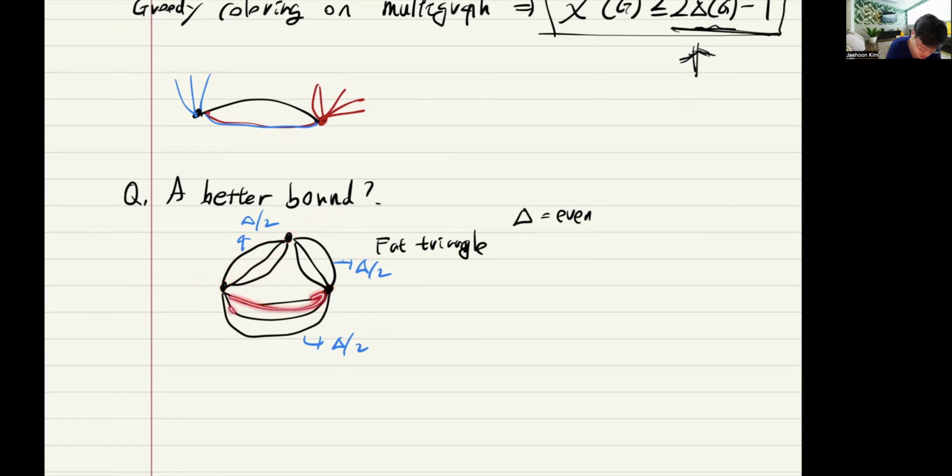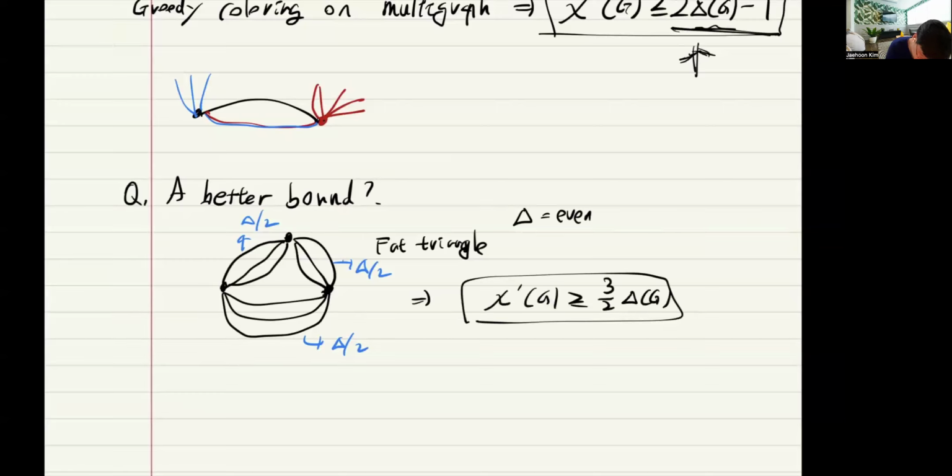Now every edge must have a different color. So this shows that the chromatic index of this graph is at least 3/2 times delta of G. In fact, this is equality, because you give every edge a different color and this holds.